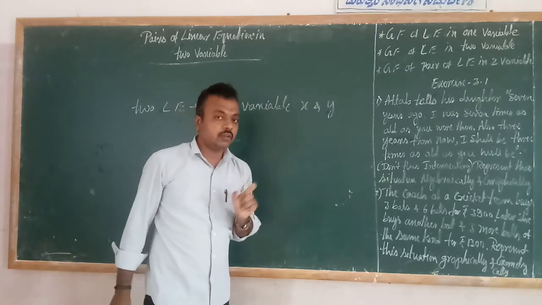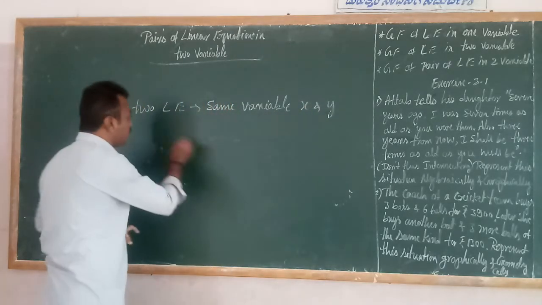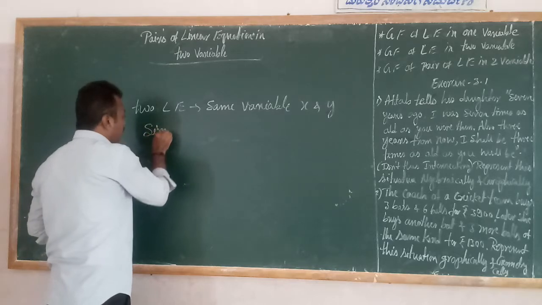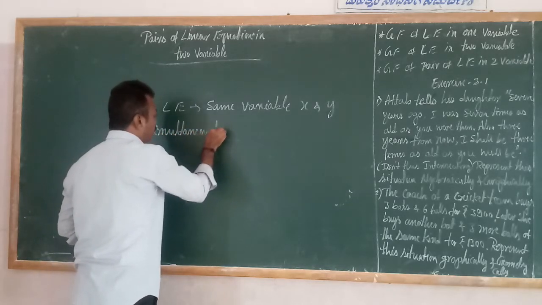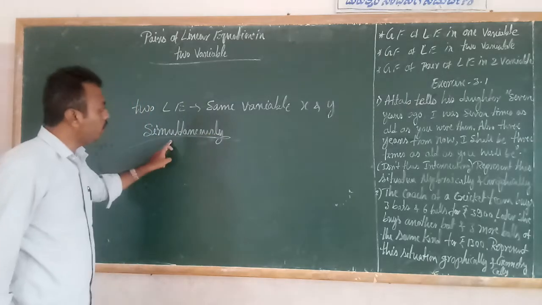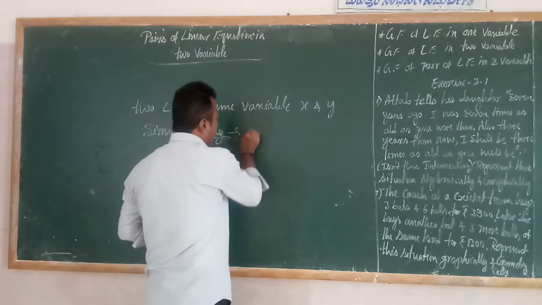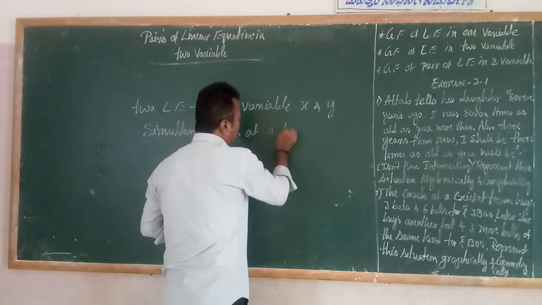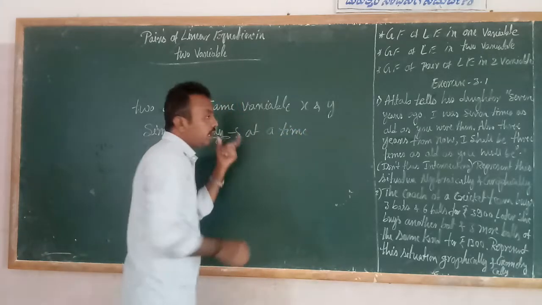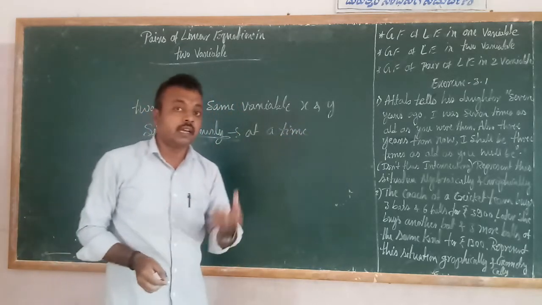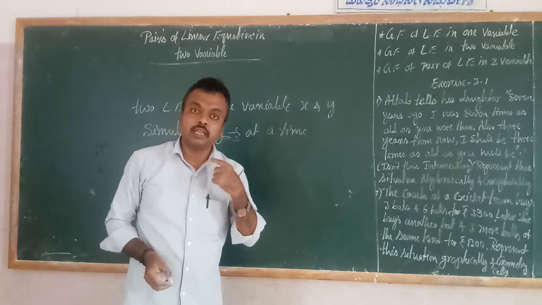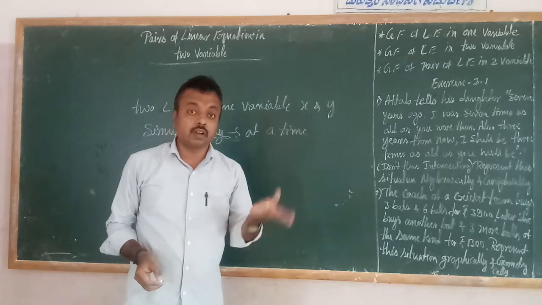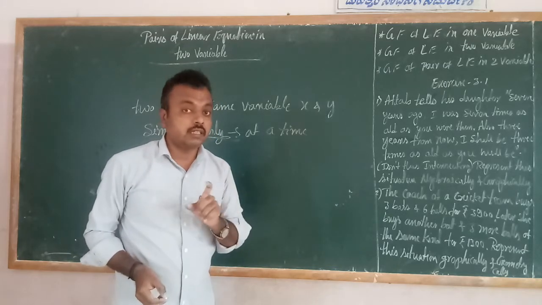These two linear equations are taken simultaneously. What do we mean by simultaneously? At a time. When two linear equations are taken at a time, they are called a pair of linear equations, also called simultaneous linear equations.